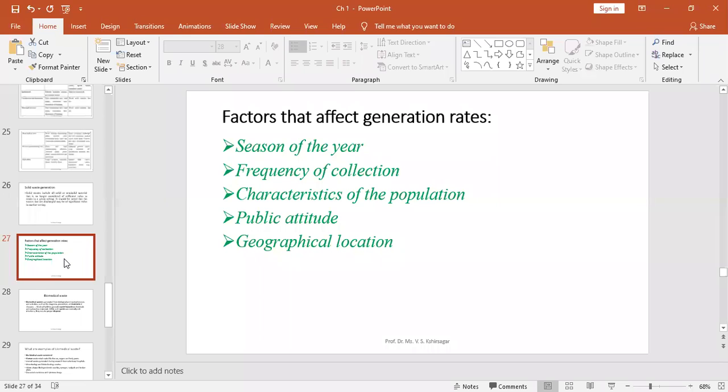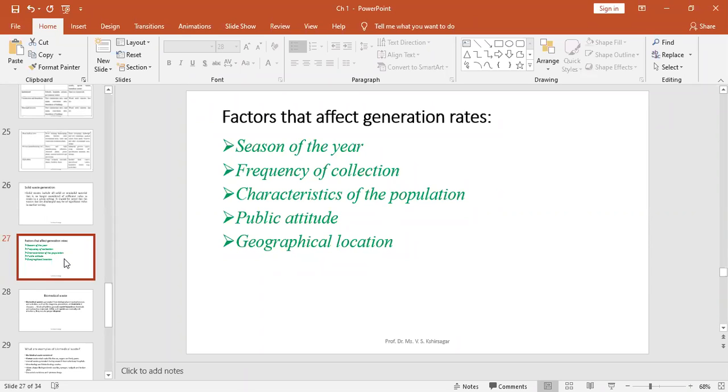So same here for solid waste management also, you should know the quantity, and once you know the quantity, the next step is to know about the quality. If you know these two fundamental things, you can make the proper provisions for proper disposal. If a proper disposal or proper collection process is provided in solid waste management, it will definitely help us to keep our environment clean and healthy.